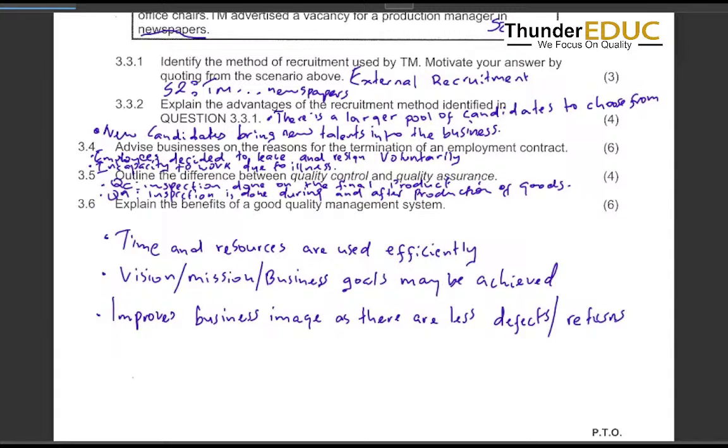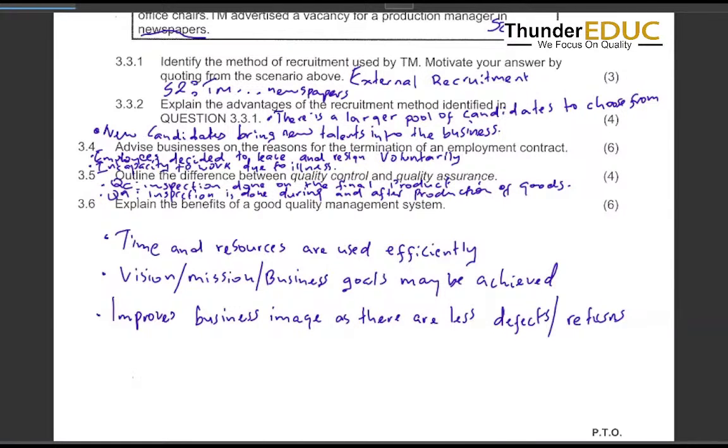Okay, right. So one of the benefits of a good quality management system is that time and resources are used efficiently. Vision, mission and business goals may be achieved. Also it improves business image as there are less defects or returns.